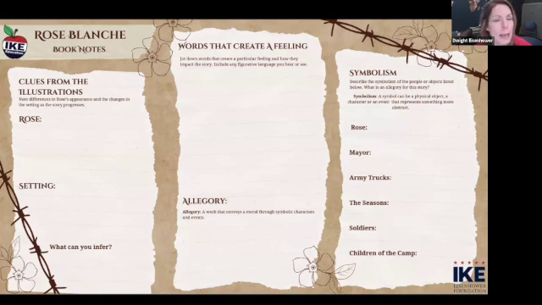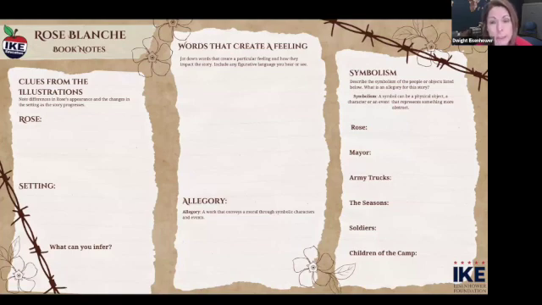Also, think about an allegory for the book. An allegory is a work that conveys a moral through symbolic characters and events. So after reading this book, we will decide what the entire book might symbolize or represent. The third column on this sheet focuses on symbolism.